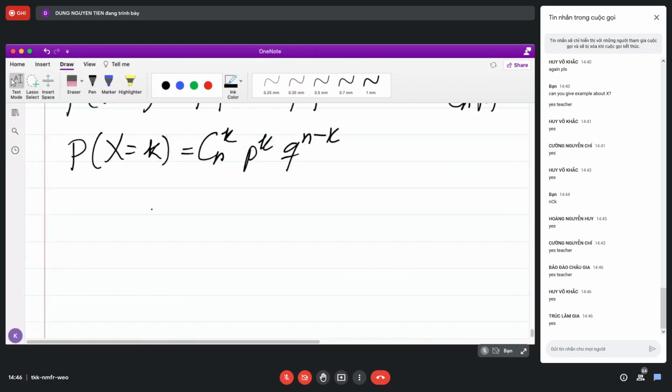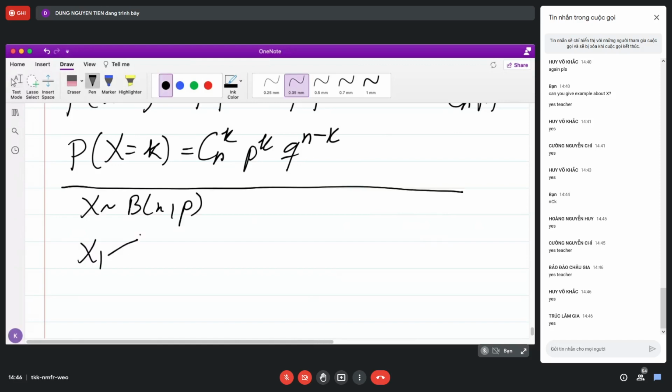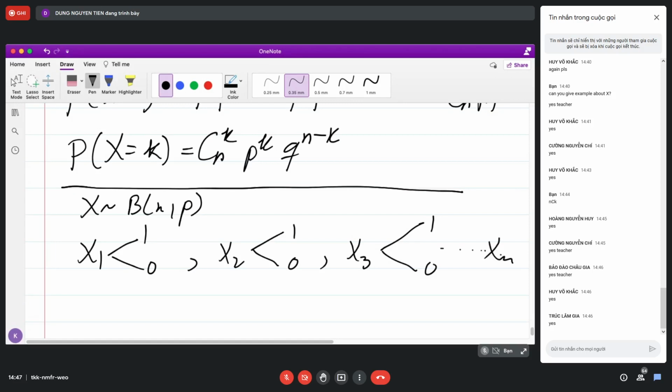Now let us consider a little bit further the case of the binomial distribution. Suppose that x follows a binomial distribution with parameters n and p, and x1 is 1 if you win the first game and 0 if you lose the first game. x2 is 1 if you win the second game, and 0 if you lose the second game. x3 is 1 if you win the third game, and 0 if you lose, and so on, up to xn.